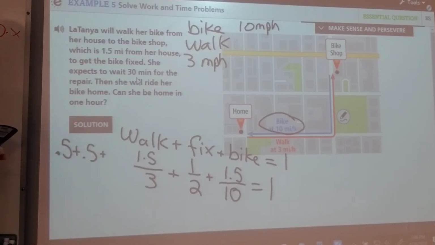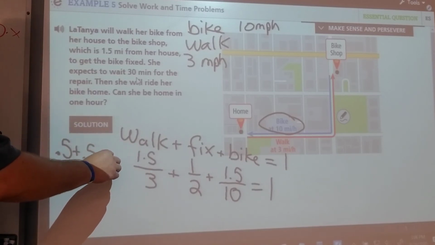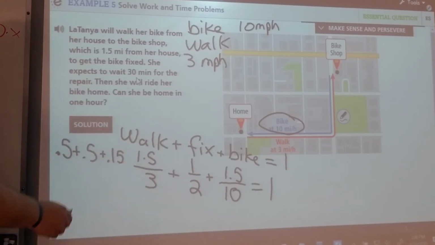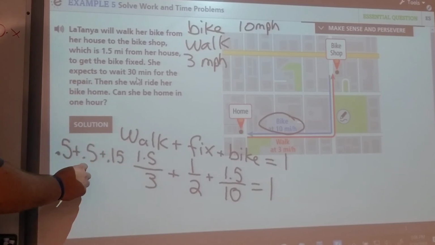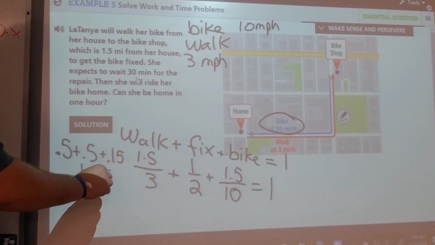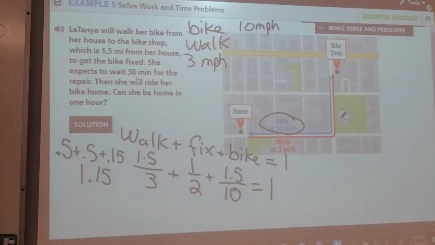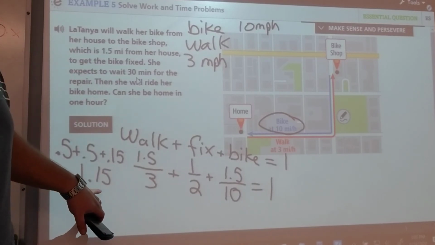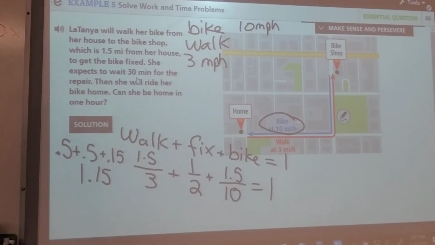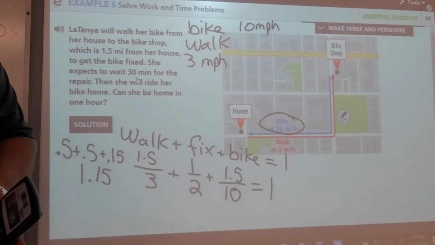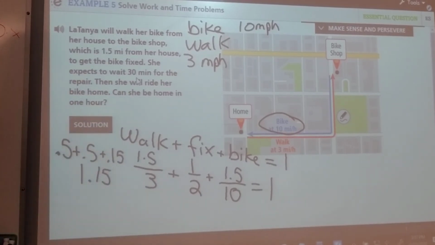And 1.5 divided by 10 is going to give me 0.15. So if I add those up, you probably already see the problem. That's going to be 1.15. So can she be home in an hour? No, she cannot. Because it's going to take her 1.15 hours to get home. So she was close, but didn't quite make it there.